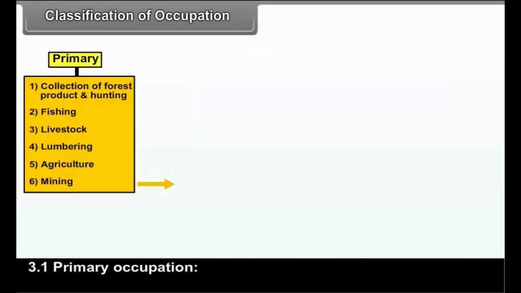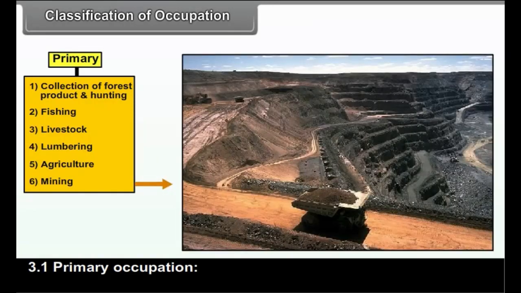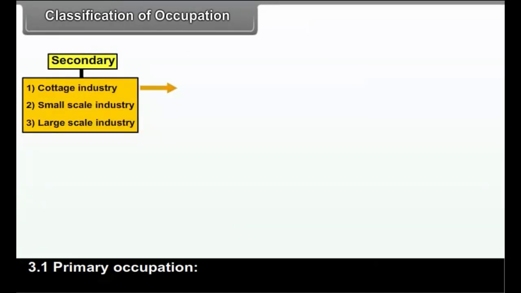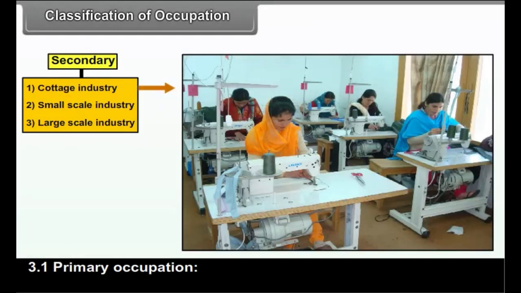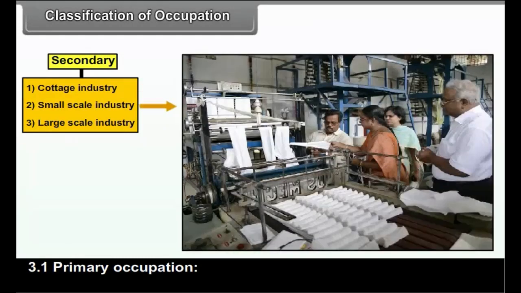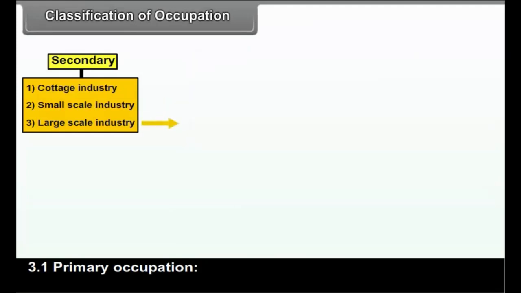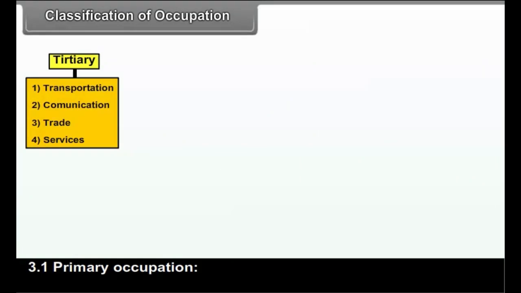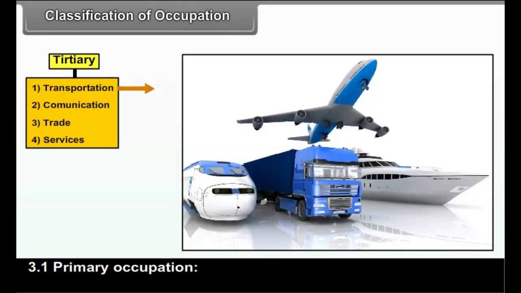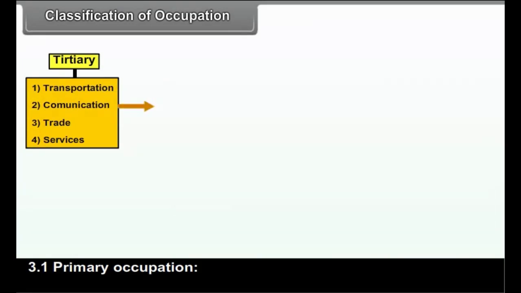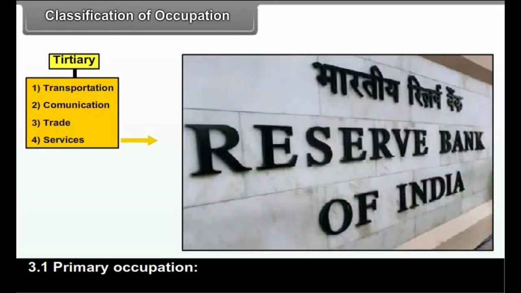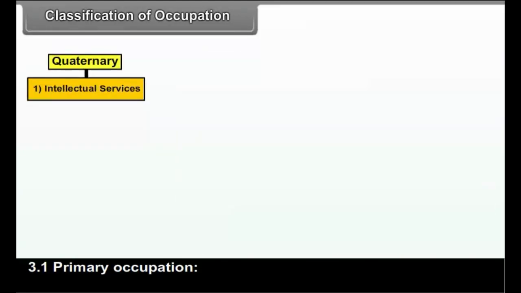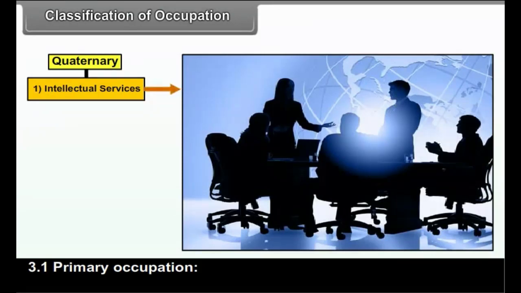Agriculture, 6. Mining. Secondary: 1. Cottage industry, 2. Small-scale industry, 3. Large-scale industry. Tertiary: 1. Transportation, 2. Communication, 3. Trade, 4. Services. Quaternary: Intellectual services.